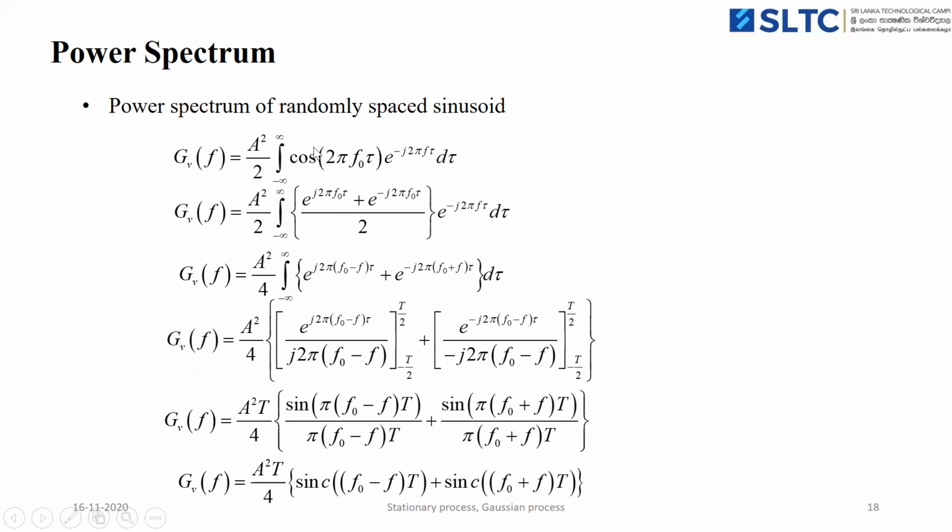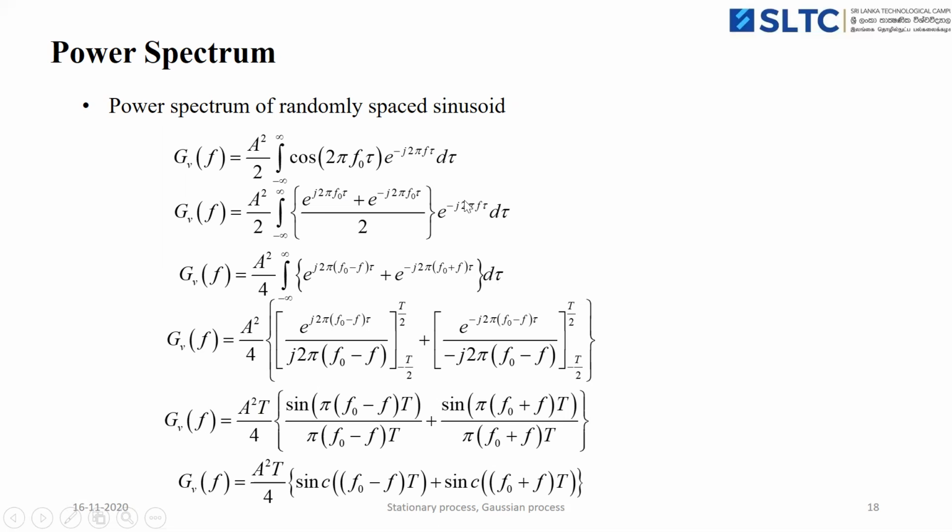We replace the cos function using that Euler identity and take the 2 outside, so it becomes A squared by 4. Then we can combine the exponential terms within the bracket. So we can write e power j 2 pi (f naught minus f) tau plus e power minus j 2 pi (f naught plus f) tau, d tau.